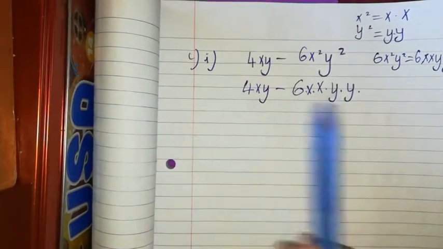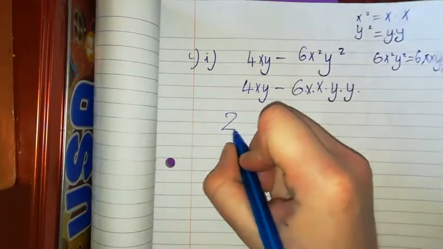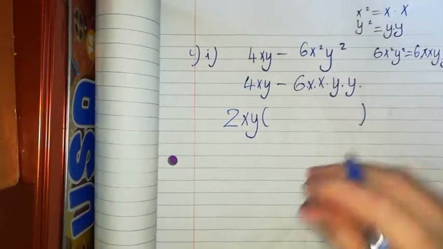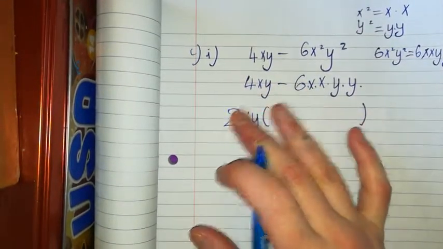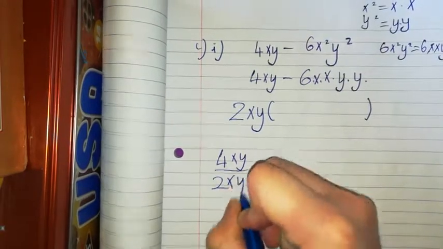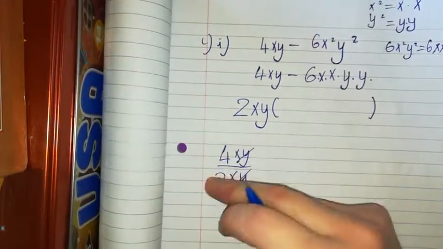So the highest number I can divide them both by is 2, and they've already given us that we're going to take 2xy outside our bracket. So if we divide 4xy by 2xy, the xy's will cancel and we'll just be left with 2.